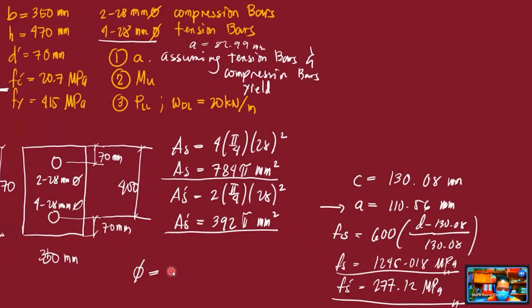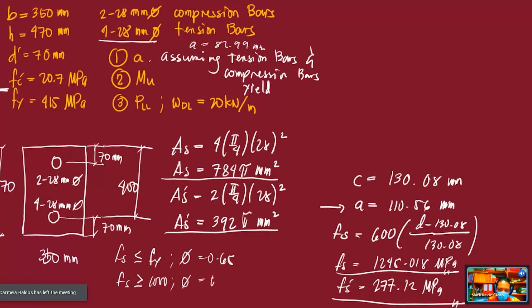We will solve for the value of your phi. If you can still remember, di ba? If your Fs is less than or equal to Fy, your phi is equal to 0.65. If your Fs is greater than or equal to 1,000, your phi is equal to 0.9.